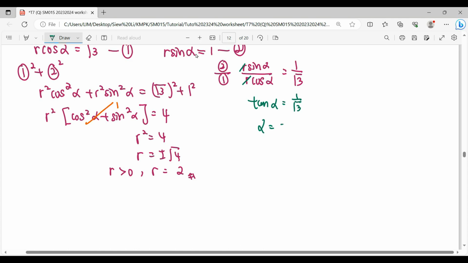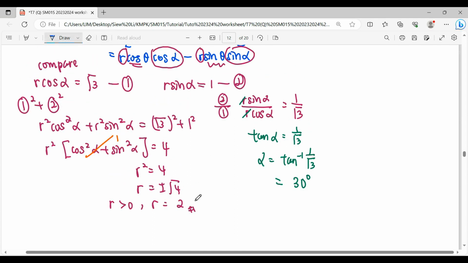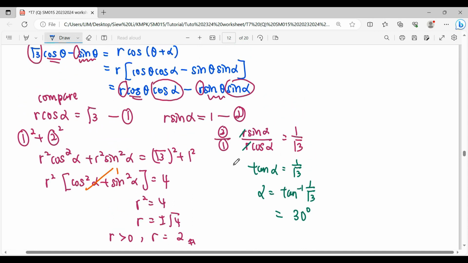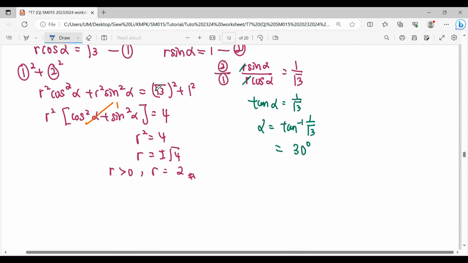To get alpha, we move the tangent to the right hand side and find the basic angle, which is 30. Lastly, we write back our values of r and alpha equals 30 into this expression. It is 2 cos(theta plus 30).